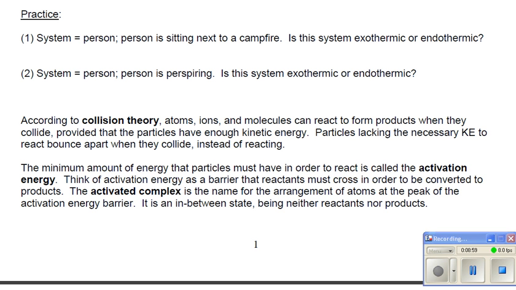Okay, bring your conversations to a close, please. Number one, you have the person, and this person is sitting next to a campfire. Now the fire is the thing producing heat. So heat is flowing towards the person, or towards the system.